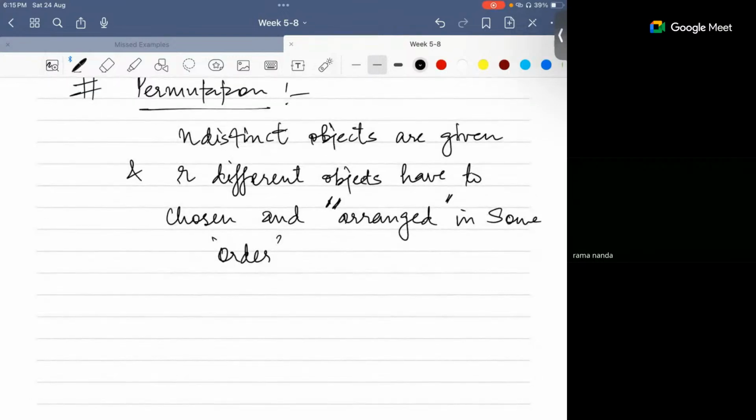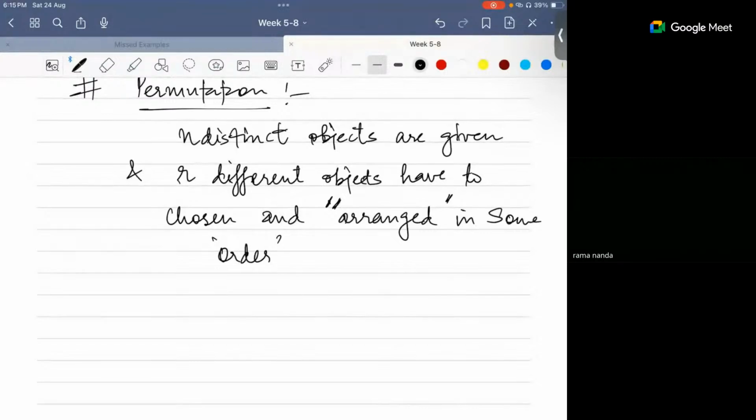In combination, if you have been given many different objects and you have to choose out some r, you just choose them. You don't have to worry about how you will order them. In permutation, basically you have to arrange those things.